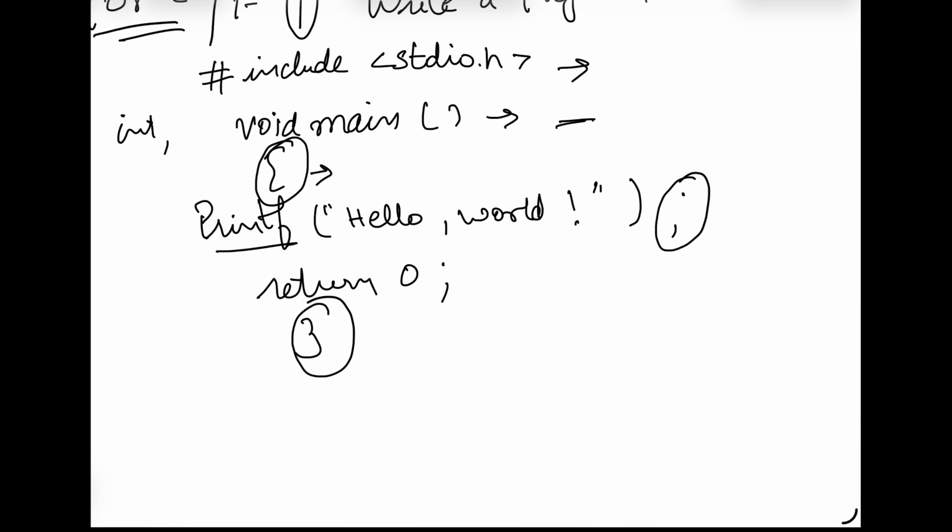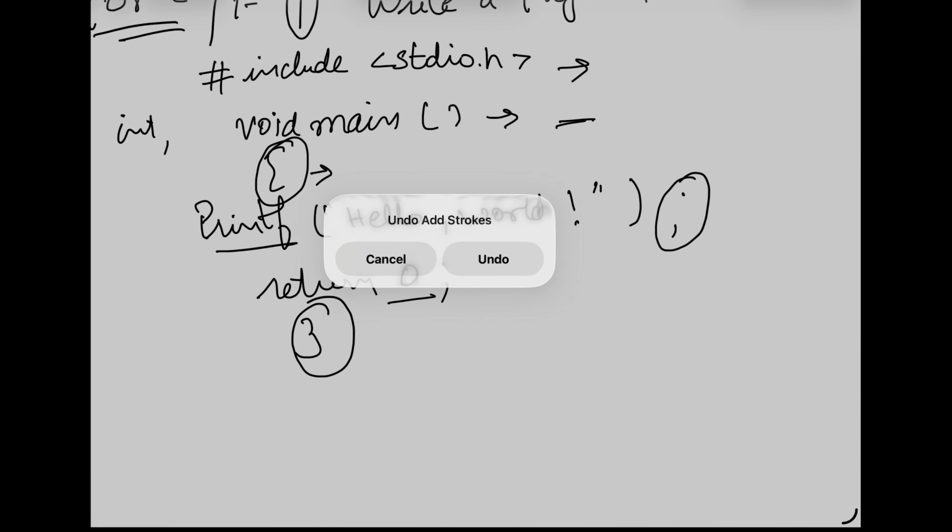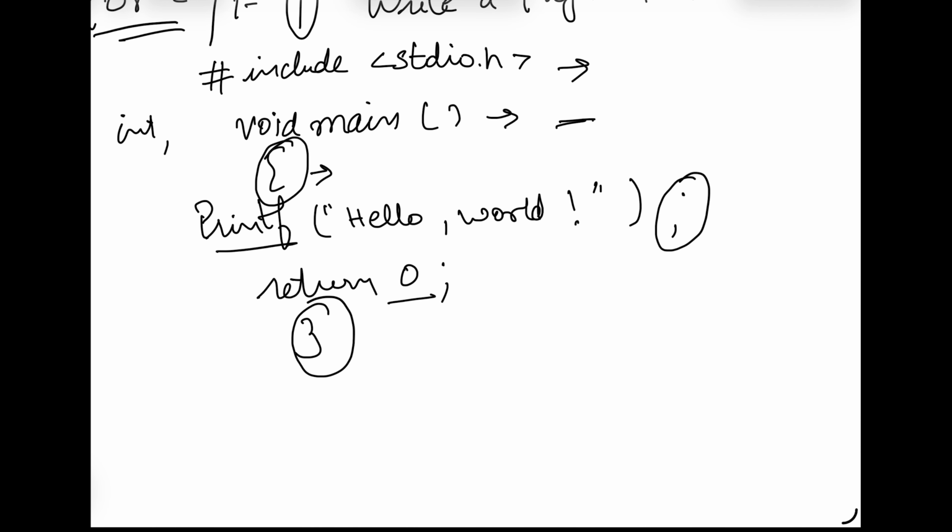Then we write return 0, which indicates successful execution. So when you run this code, your output is hello world.